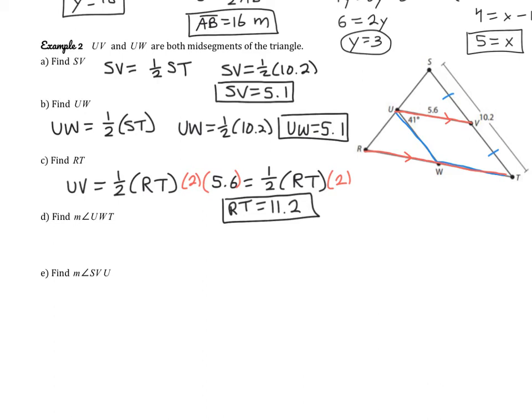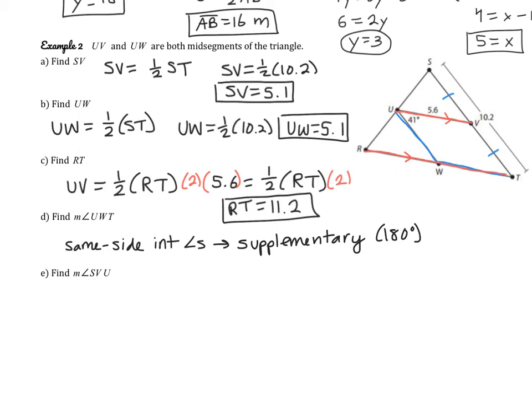So here you can see that we have two parallel lines cut by a transversal. So the relationship between these two angles, remember we called same side interior angles. And when you have two parallel lines that create same side interior angles, we know that those two angles are supplementary, which remember means that they add up to 180 degrees.